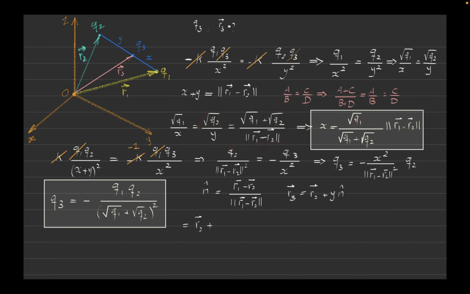So your y will be square root of q2 divided by square root of q1 plus square root of q2, times norm of r1 minus r2, but multiplied by n hat. But n hat is this vector that you see here, so it will be multiplied by r1 minus r2 divided by norm of r1 minus r2.